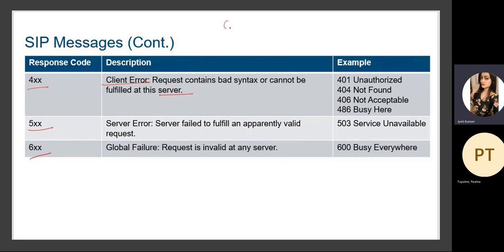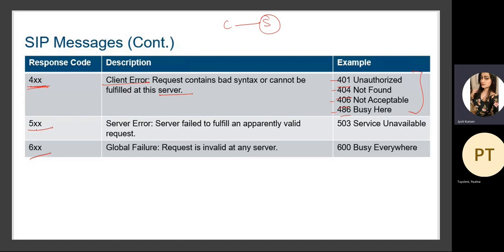It is a two-way communication, right? Client and server. So if the problem is on the server end, I will get a 400 series response code. It can be unauthorized, not found, not acceptable, or busy here.